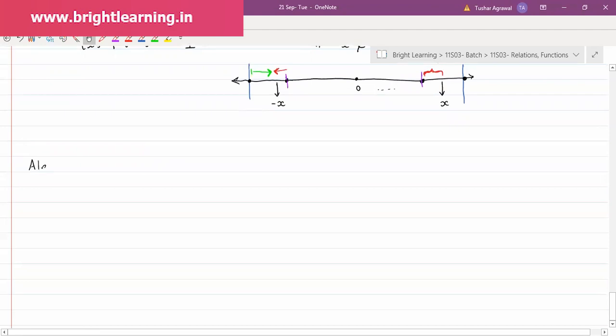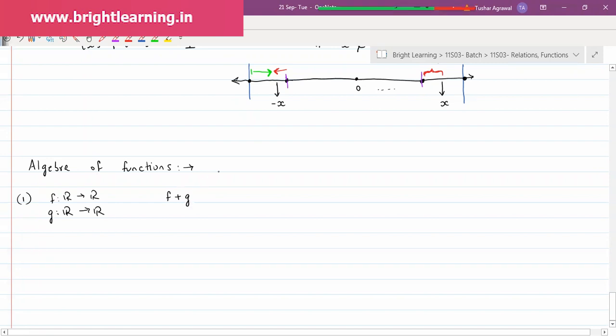I will give you: f of x is defined, f is R to R. g of x is defined from R to R. Now there is a new symbol, f plus g of x. Now what is the meaning of this?